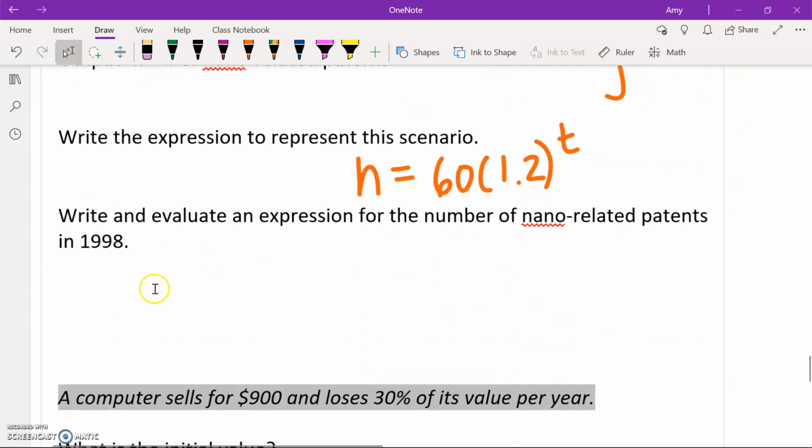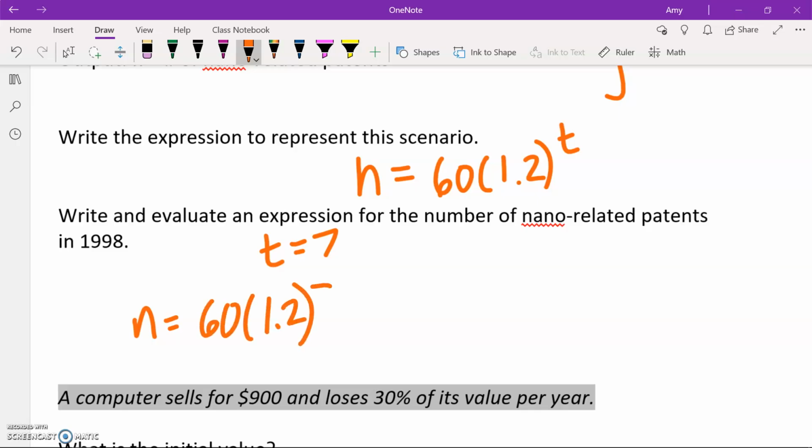So now let's look at the expression for the number of nano-related patents in 1998. So how many years is 1998? 1998 is 7 years after 1991. So in this case, t is 7. So n is going to be 60 times 1.2 to the power of 7.